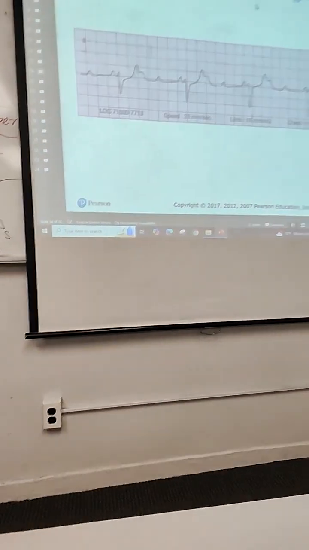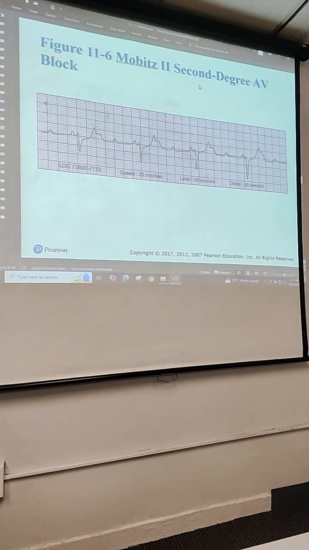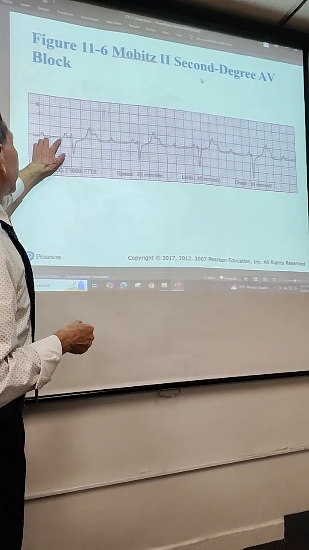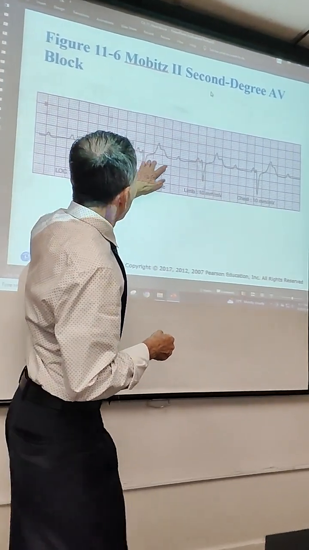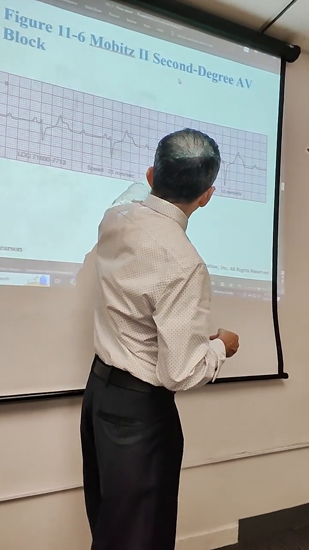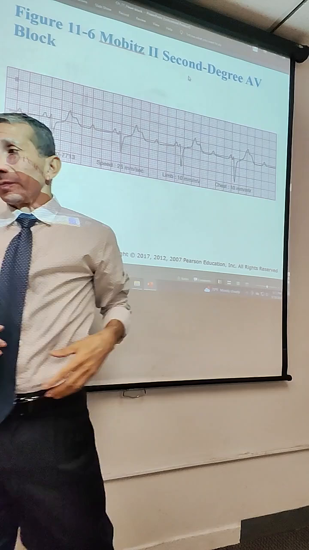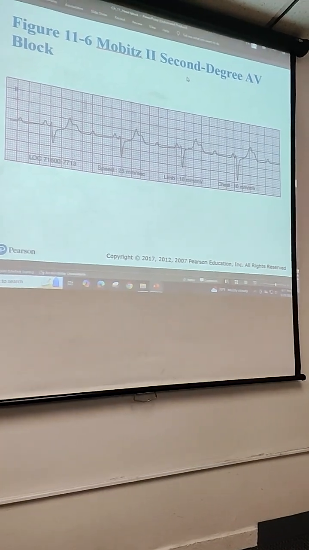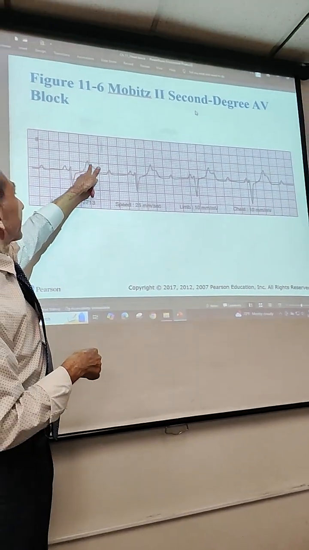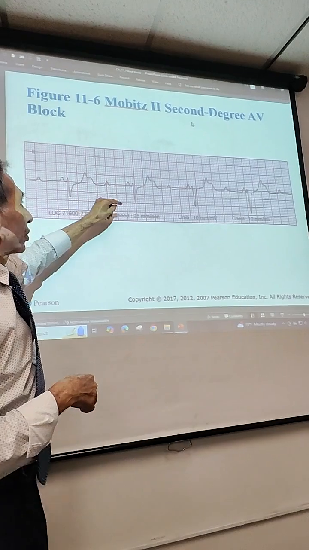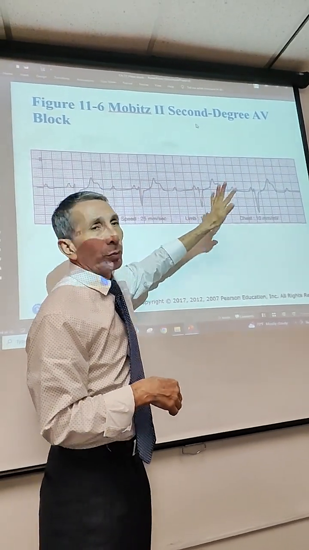Here is the picture. Now if you see the PR, see? It's the same. But then we have the drops. Look at all these. This is huge. That's not how normal should look.